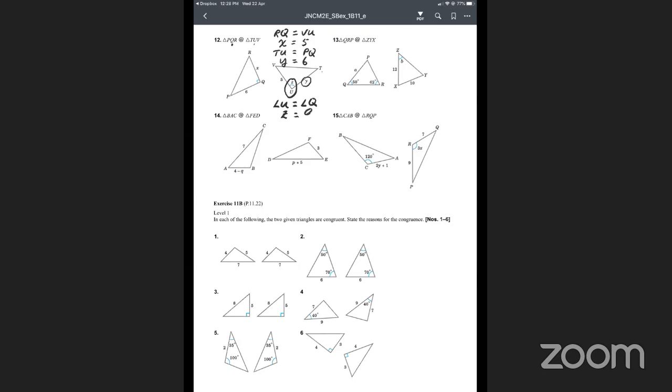Okay, therefore 90 degrees. Okay, understand this part?